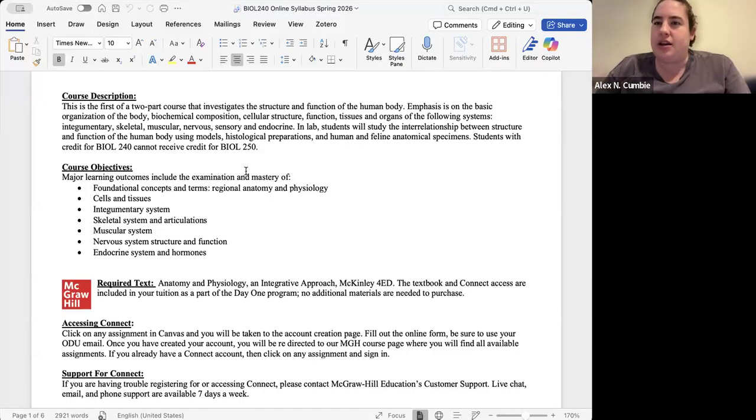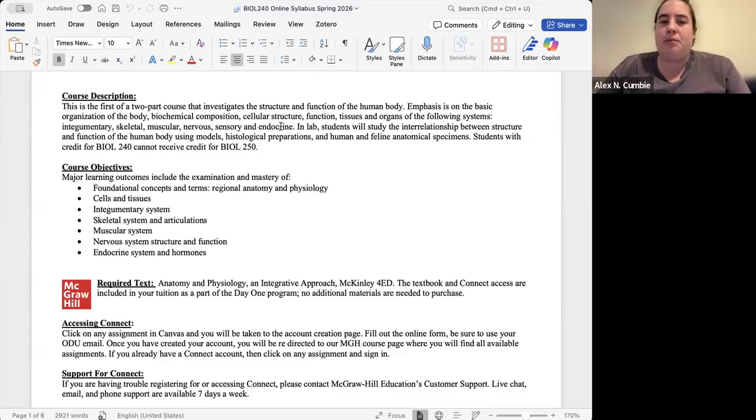And that makes anatomy not only a critical thinking course, but a course that requires some memorization as well. We'll be going over these following body systems: the integumentary system, skeletal system, muscular system, nervous system, and then the endocrine system. Those are the main body systems that we'll cover in part one.